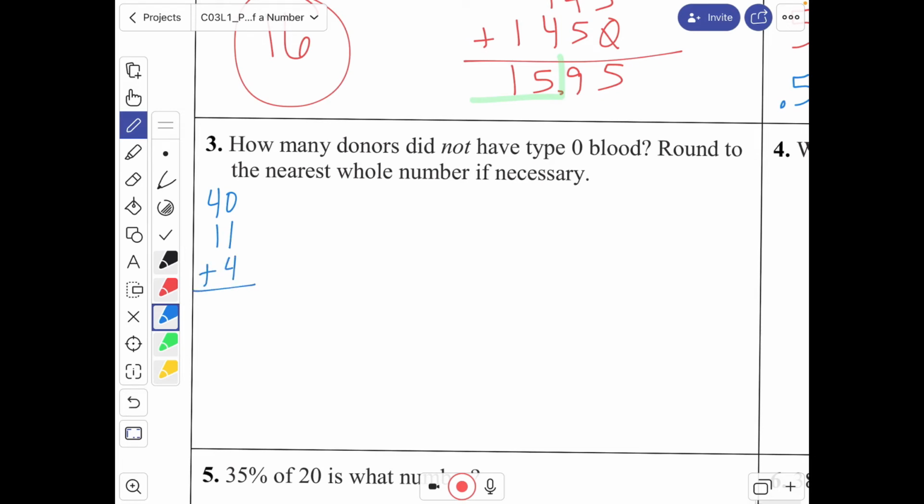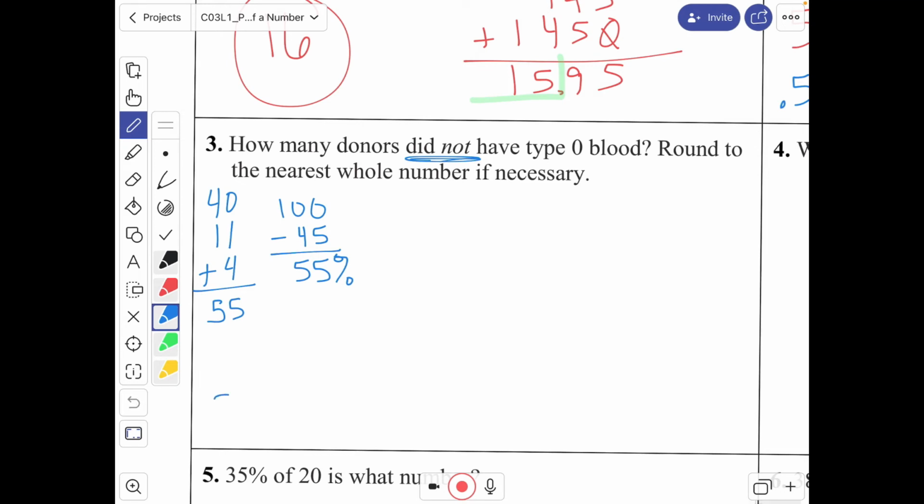Or for it to be a percent always adds up to 100. So we could just subtract what O was. Either way you do that, you should get 55%. So 55% did not have type O.